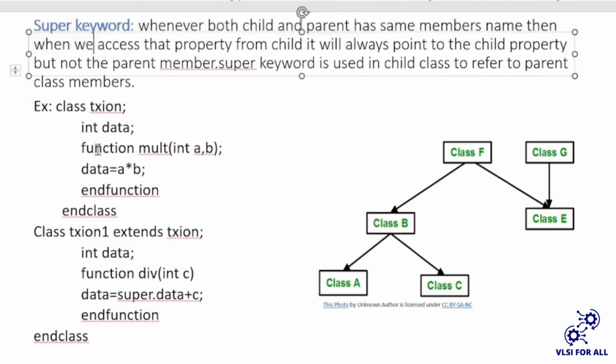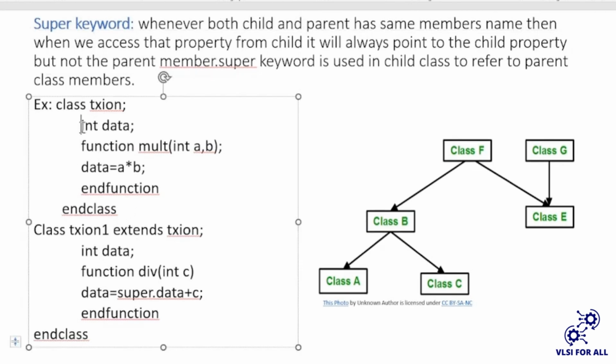The thing is, whenever we have the same property or method, just focus on this example here. Property data, int data, is there in a parent class, and the same property data is there in a child class.